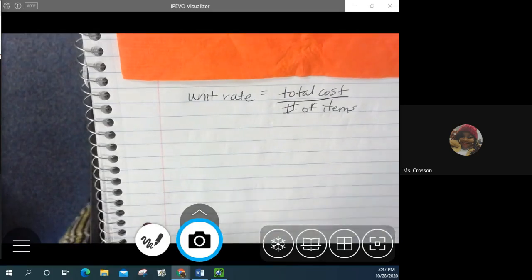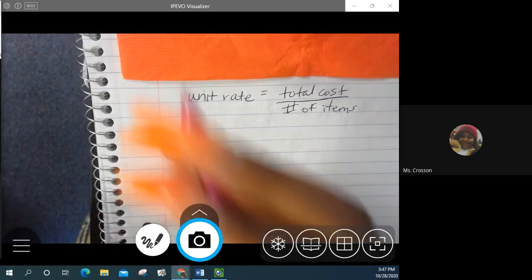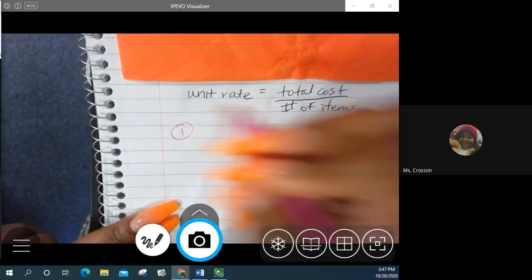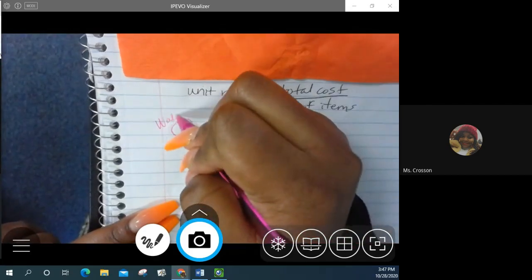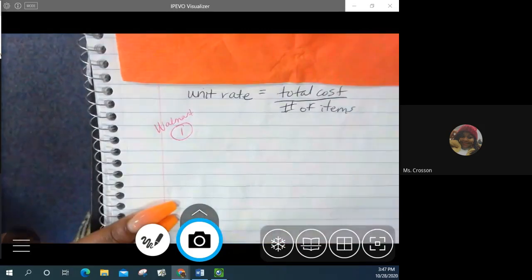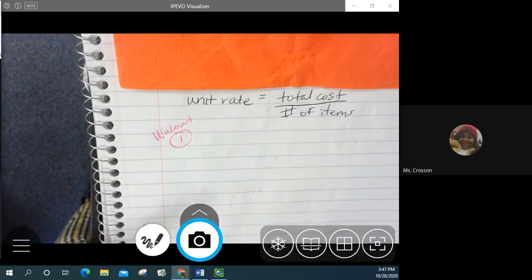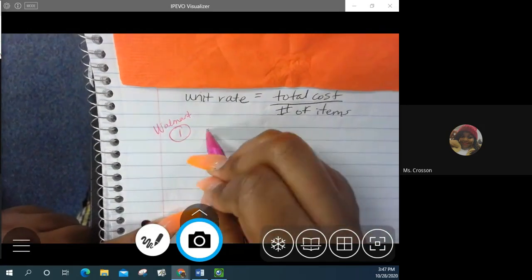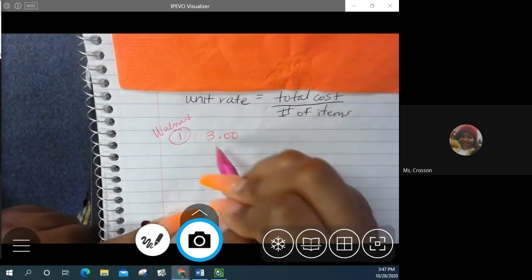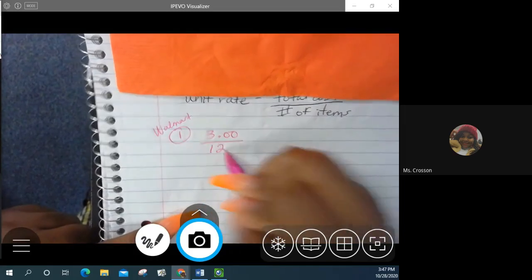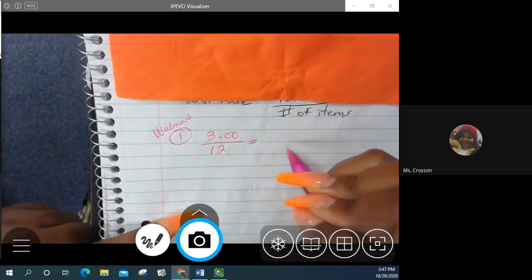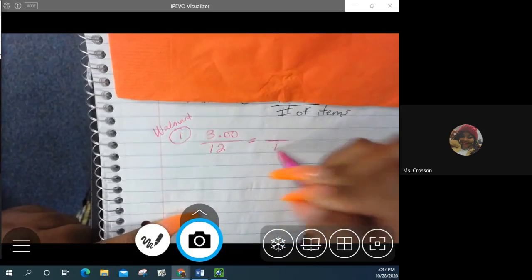So my first scenario, scenario number 1, let's say this is Walmart. All right. It says a 12-pack of Orange Crush is priced at $3. So total cost is $3. The total number of items is 12. I have to figure out how much I am going to pay for one.